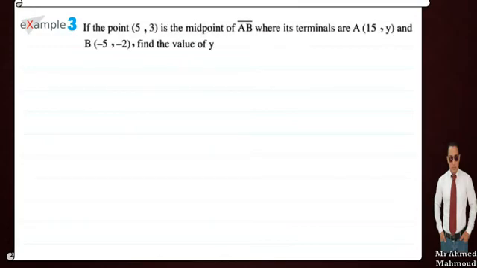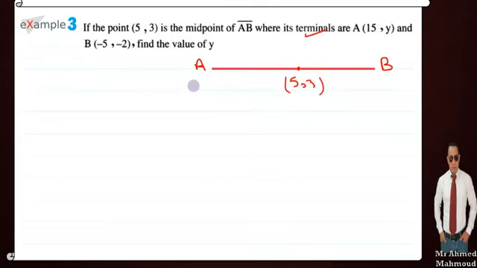Example 3, if the point (5, 3) is the midpoint of AB where its terminals, the word terminals means end points, are A (15, y) and B (-5, -2). This is the line segment, the end points A and B, and the midpoint is (5, 3).